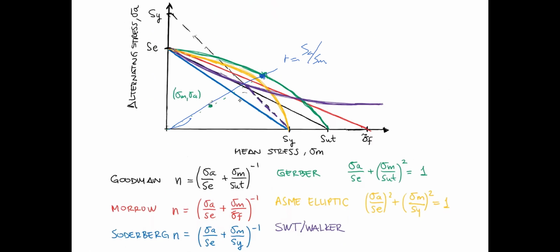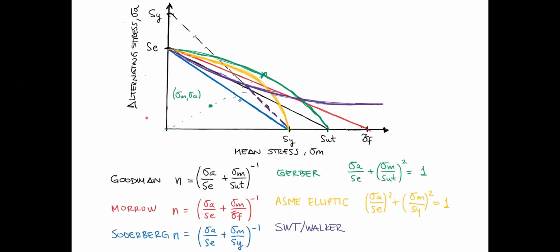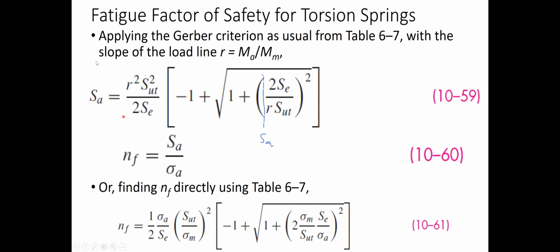If our situation is right here, we can find the ratio between this distance and this distance, and evaluate the safety factor. So this point is SA here.